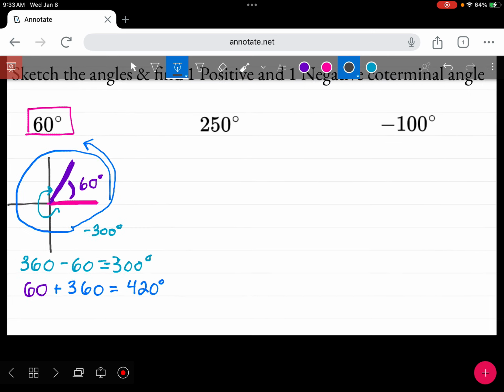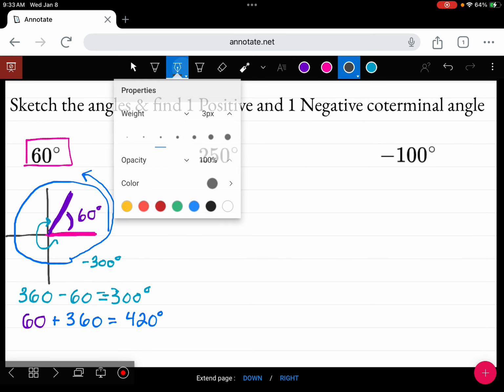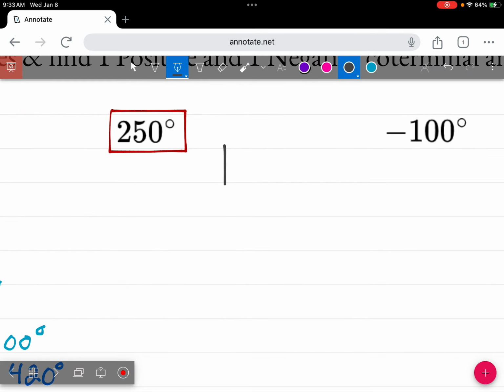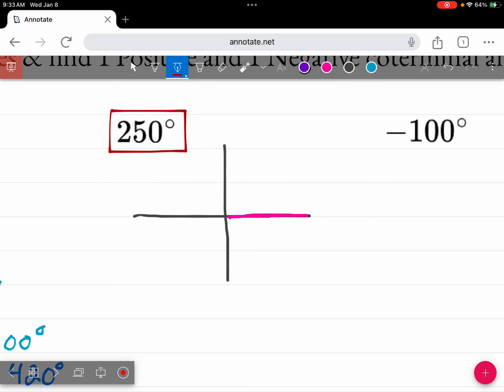So let's do that again for the next angle, which I'm going to do in red. So if we think about our little angle, and we start here, the positive angle of 250. We've got to figure out where that's going to land.